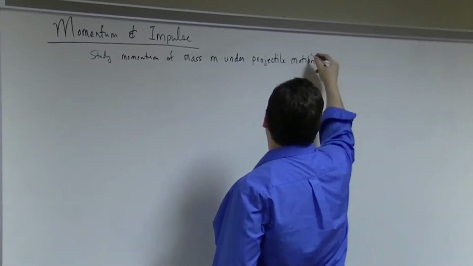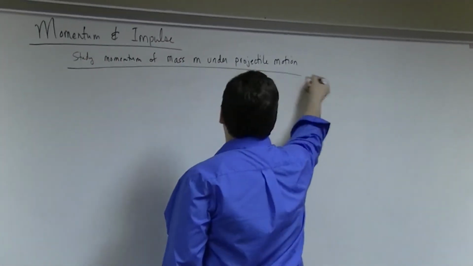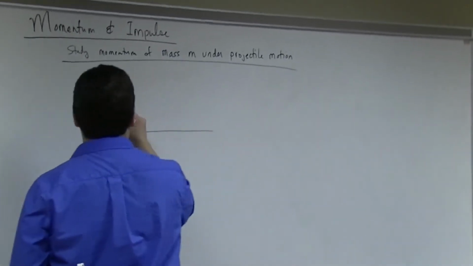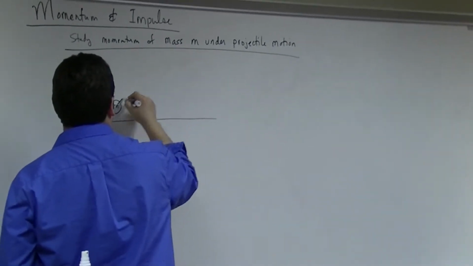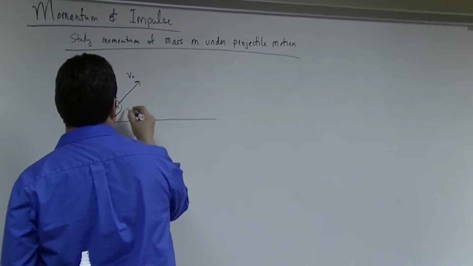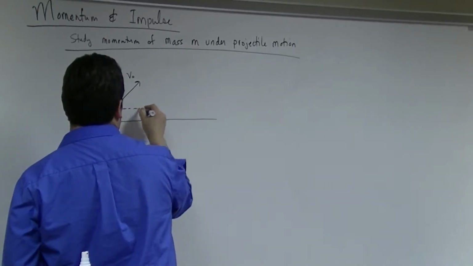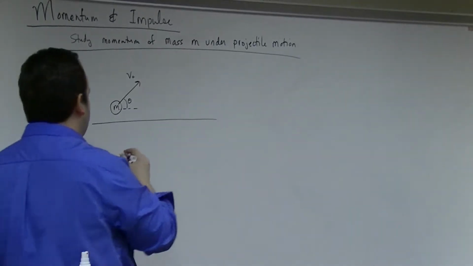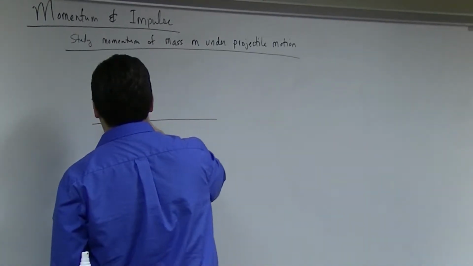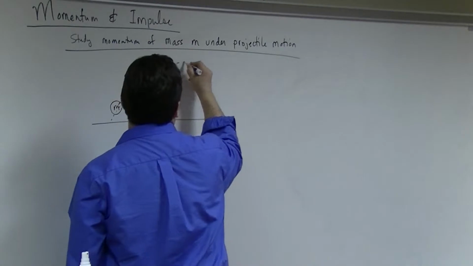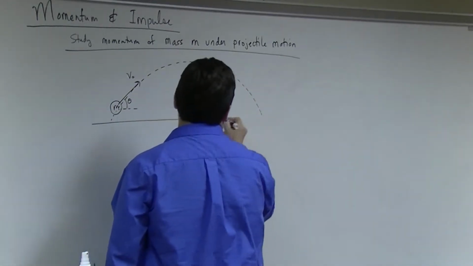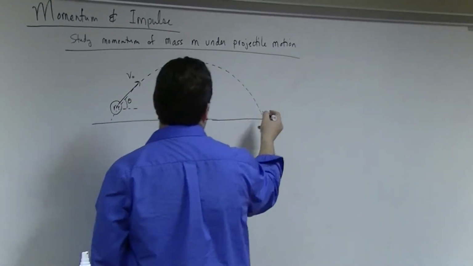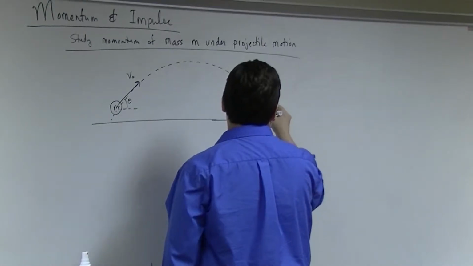This one will be a little bit more interesting. It's genuinely two-dimensional. So here we go. We start with, say, mass M. You've got an initial velocity v naught at some angle, let's say theta. And then it goes in this parabolic motion, like so. Eventually it's over here, and we can work it out.